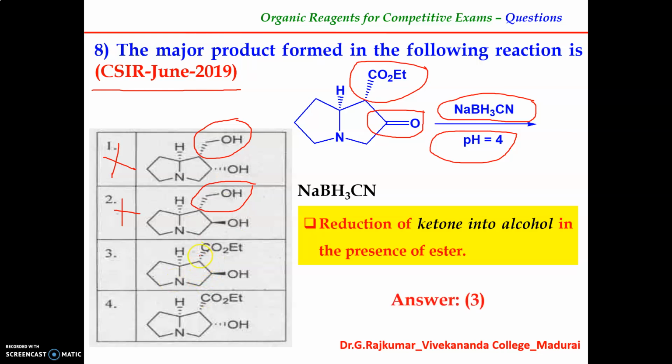Why is 3 the correct answer? Look at the stereochemistry of this hydroxyl group. This ester is on the back side, behind the plane, and hence reduction takes place on the front side. So OH is in the wedge position, and hence option 4 is also not correct. This is the correct answer.